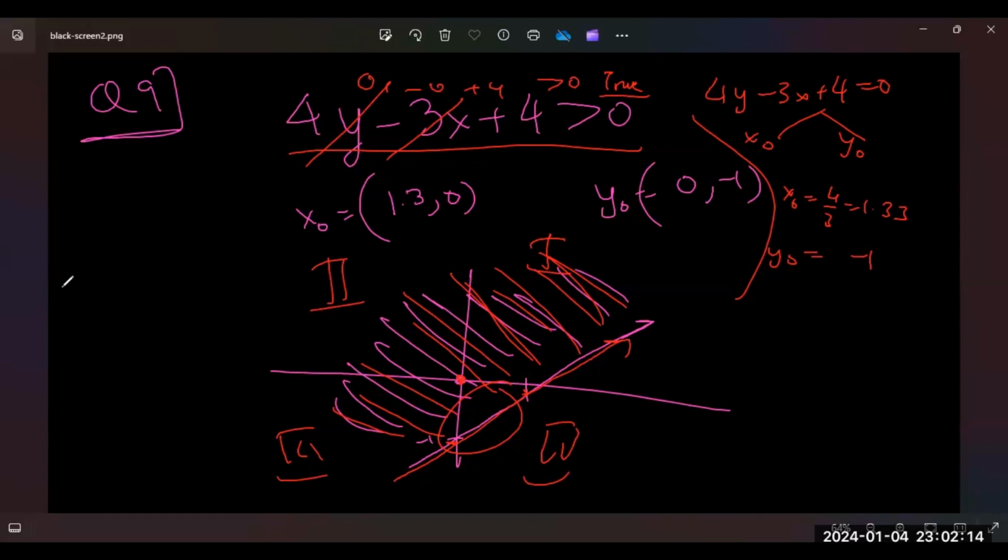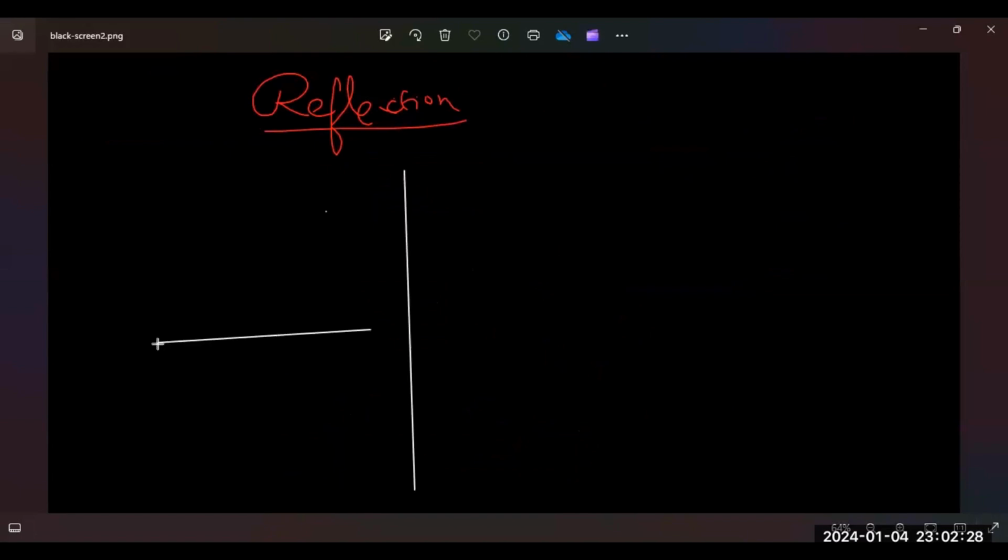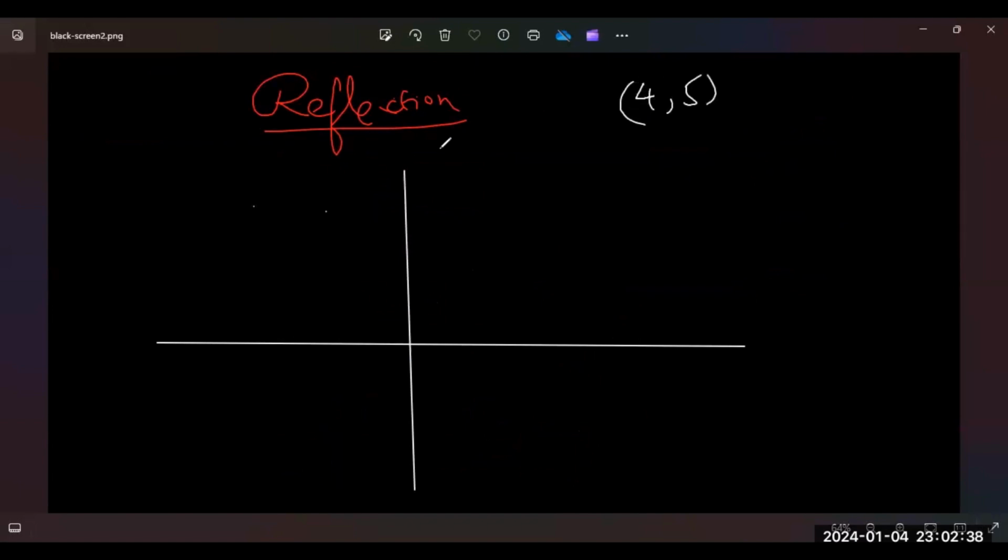Got it? Next. The next concept is reflection. Reflection of a point. You see, in GRE, they usually may not be as explicit and say find the reflection of a point 4 comma 5 along some line.